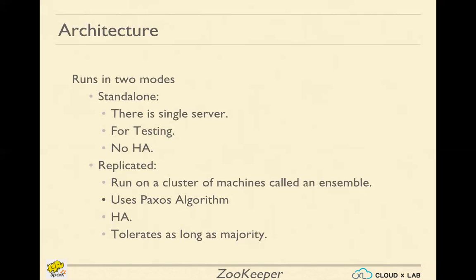Second, when there are too many customers or too many clients, they should be able to act together. They should be able to read data simultaneously from the server. We should not have a bottleneck somewhere. And that is the problem Zookeeper tries to solve. Okay, so it runs in two modes, standalone.